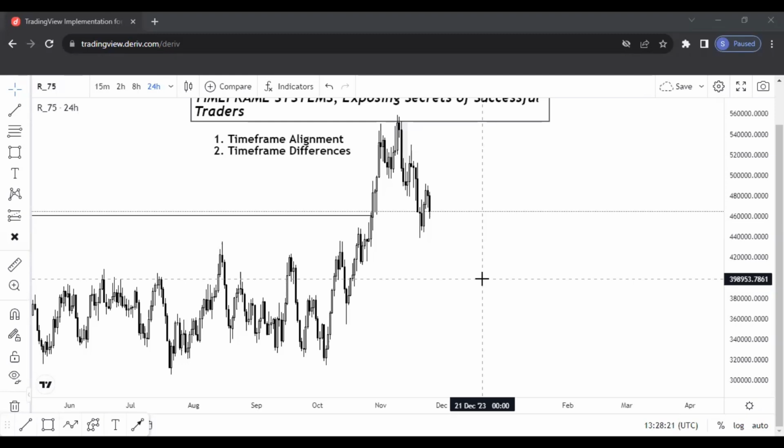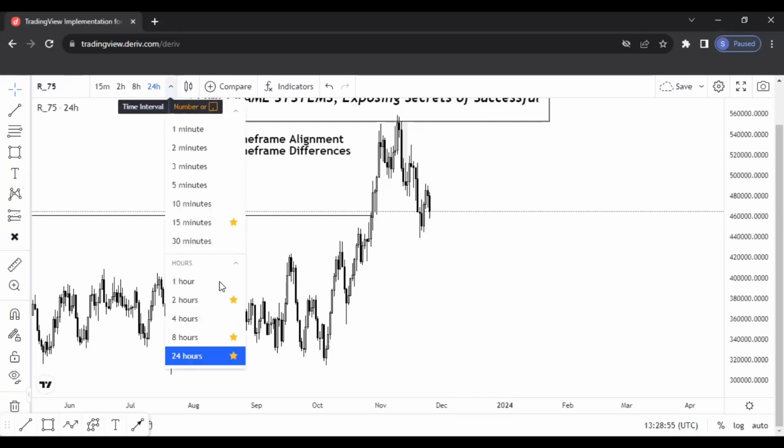Then you check your 1 hour time frame and see the current move of the market. You see that the 1 hour time frame is also in an uptrend. Then your 15 minutes time frame is also in an uptrend, then you are good to go. You know what you want to do in the market.